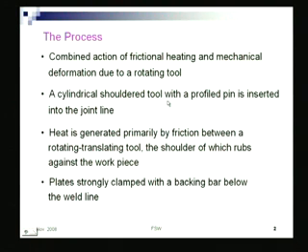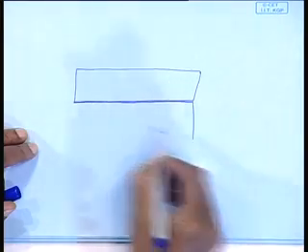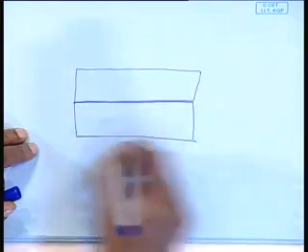Anyway, here a cylindrical shoulder tool with a profile pin is inserted into the joint line. We will see a schematic of that. Heat is generated primarily by friction between the rotating, translating tool, rotating as well as obviously translating, because when you are doing the welding, you have the weld, this is the plate interface, there are the two plates.